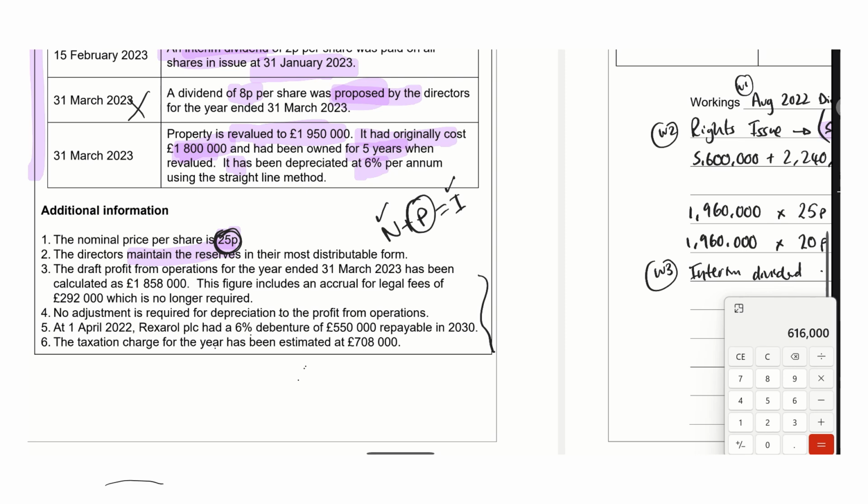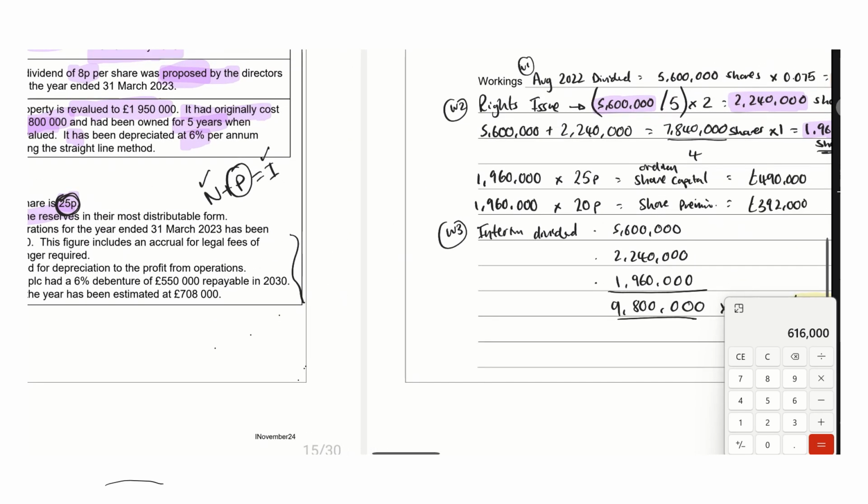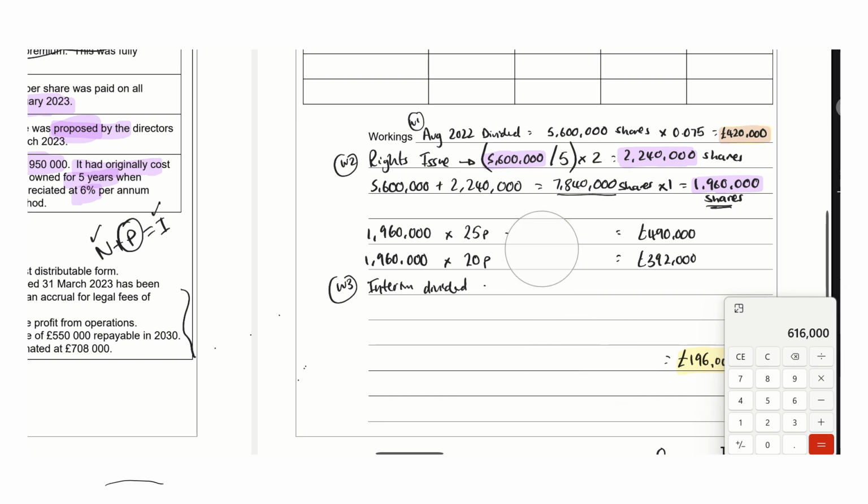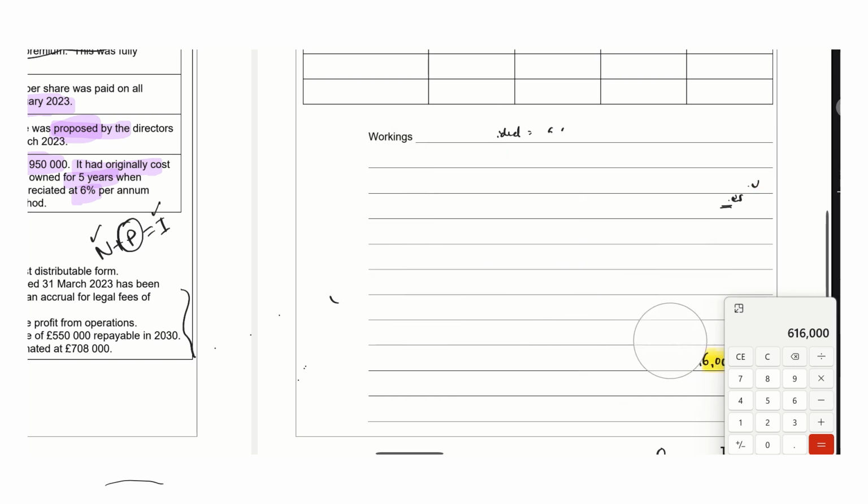So what you would effectively need to do here, you will need to work out the difference between the old net book value and the new net book value. So when you are doing a revaluation, I'm just going to rub this out. Don't think I need this information again. So I've got a bit of space to do some workings.